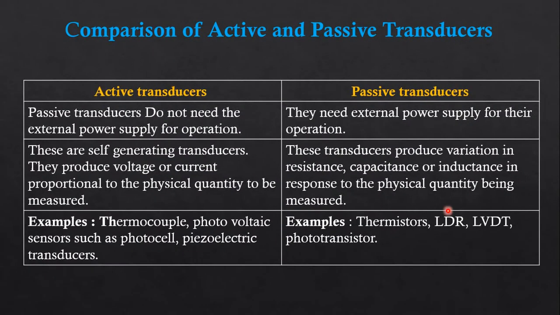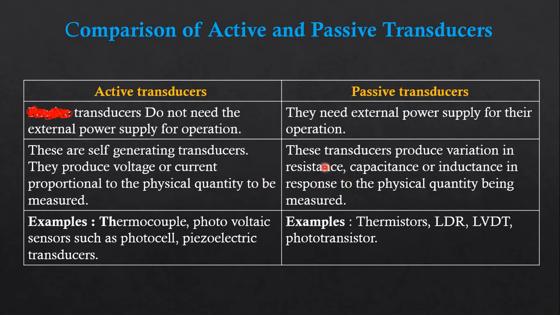Then after, the comparison of active and passive transducer. Now active transducers do not need any external power supply for their operation, and passive transducers need external power supply for their operation. Then after, active transducers are self-generating transducers. They produce voltage or current proportional to the physical quantity being measured.